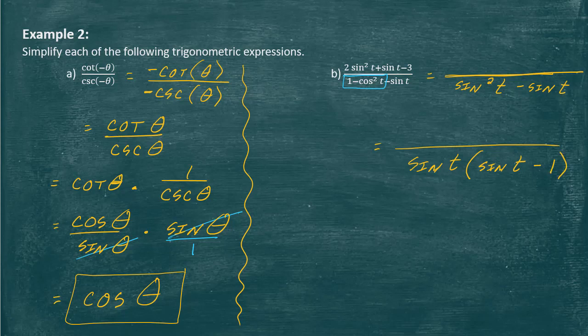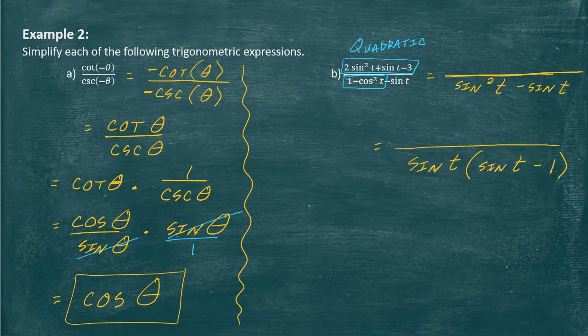Now the top, if we start looking at what the top might have as options, this has 3 terms. Everything is already in terms of sines, except for that last term being a constant. So I'm hoping that if we look at that, that really does seem like a quadratic form. After all, it does have a power of 2 on the first term, a power of 1 in the middle, and then a constant at the end.